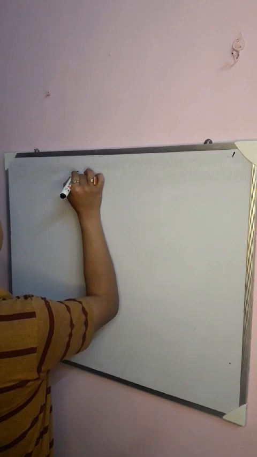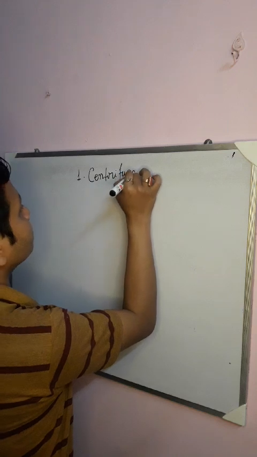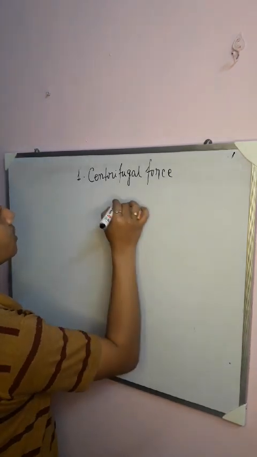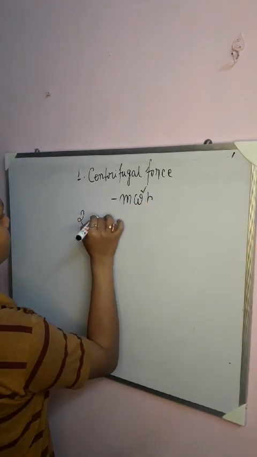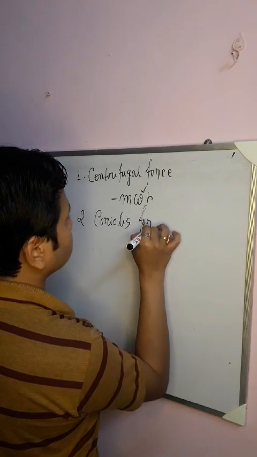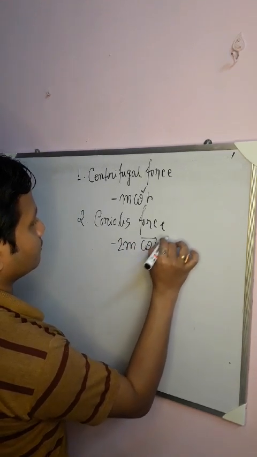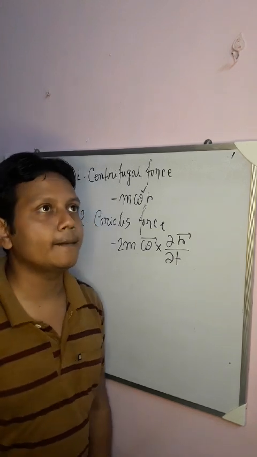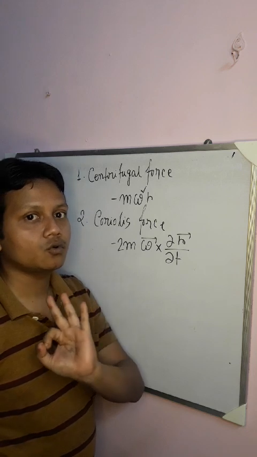So the first example is the centrifugal force. What is the expression? That is minus m omega square r. And you also heard of the Coriolis force, which we will understand later. The expression of the Coriolis force is this. So these are all fictitious types of forces, and actually these forces come due to the acceleration of rotating frames.